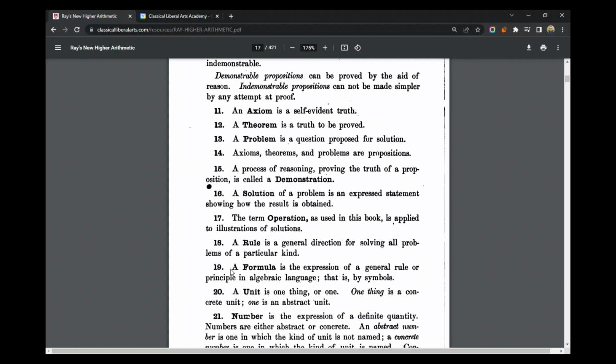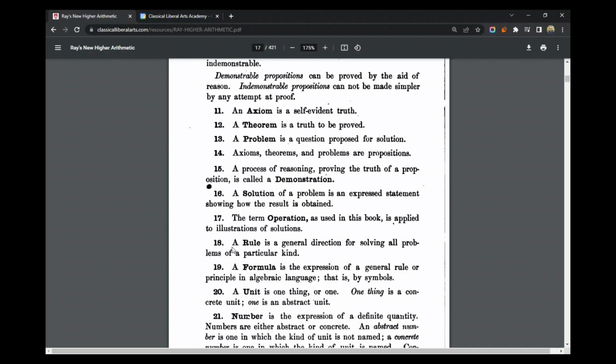Article 17. The term operation, as used in this book, is applied to illustrations of solutions.